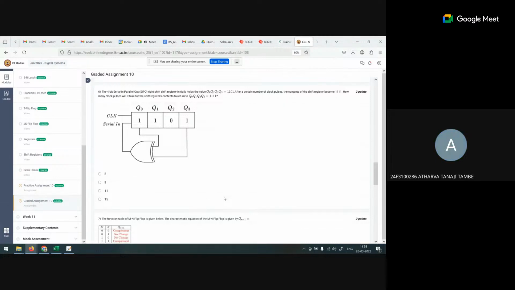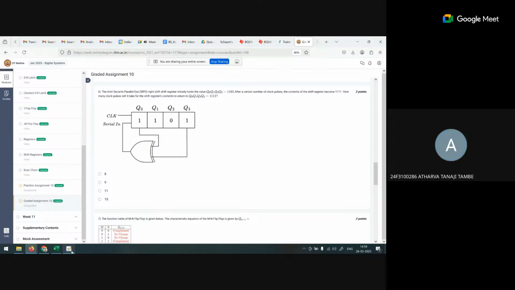Now what they are saying is that initially the value is 1101. After a certain clock pulse, you are getting a 1111. Now from that 1111, how many clock pulses do you require to get again a 1111? Counting will start from the first 1111 to the next 1111.